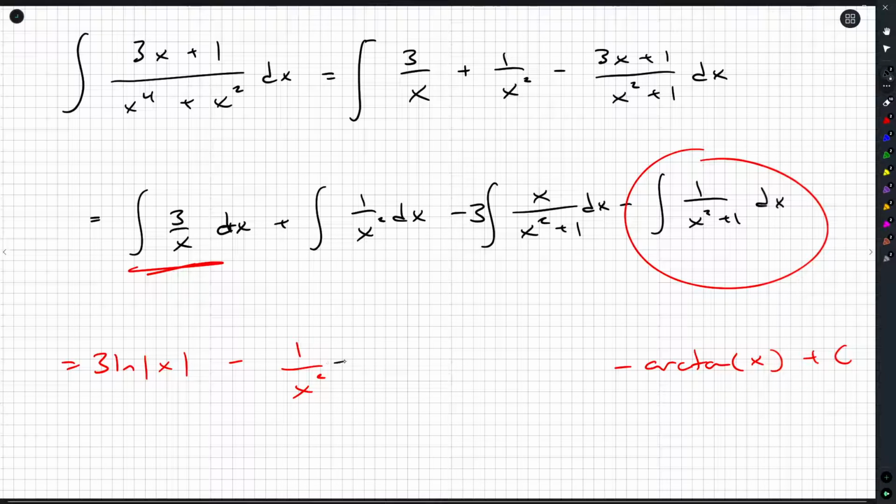And then now in the middle, what's going on here? This is where you can do some rewriting, or you could do some substitution. Or if you just remember building block number 4, which teaches you how to deal with x over an irreducible quadratic, you can do that.